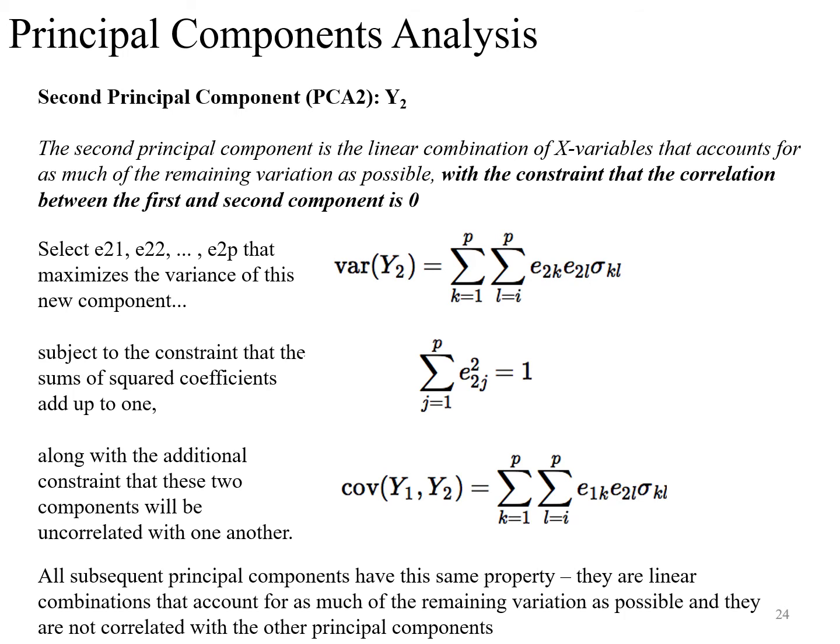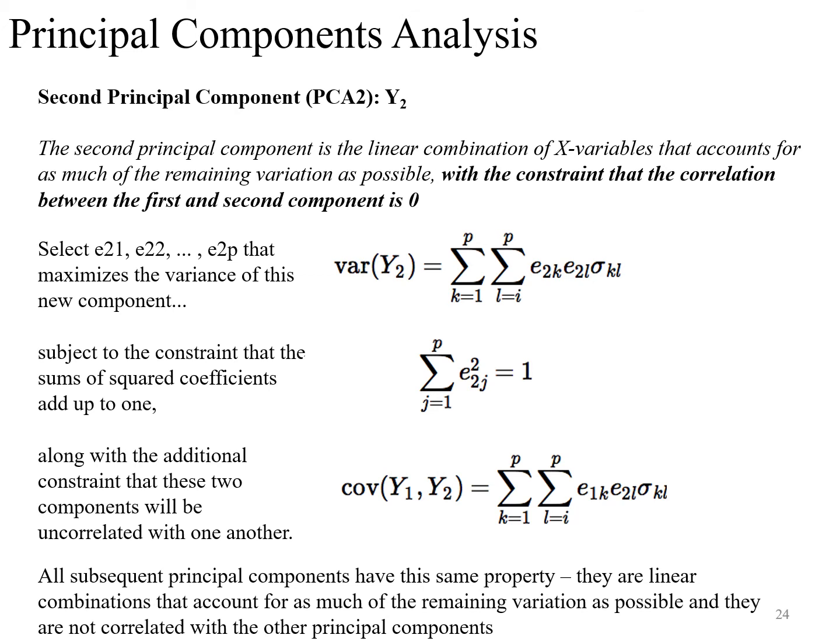And this brings up an important point in terms of understanding principal components and their interpretation. That is, each principal component can only be understood in the context of the ones that come before it. So for instance, the first principal component is going to show you the strongest pattern of variability in the entire data set.